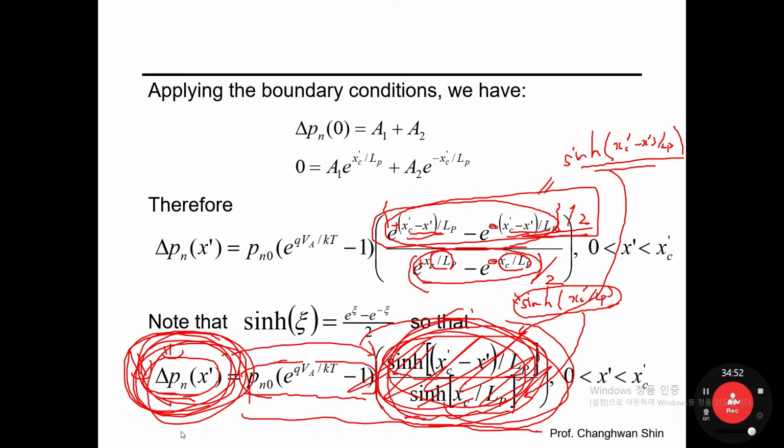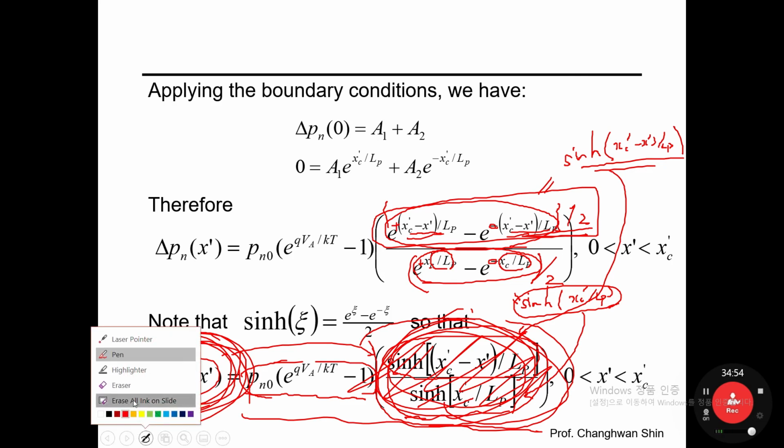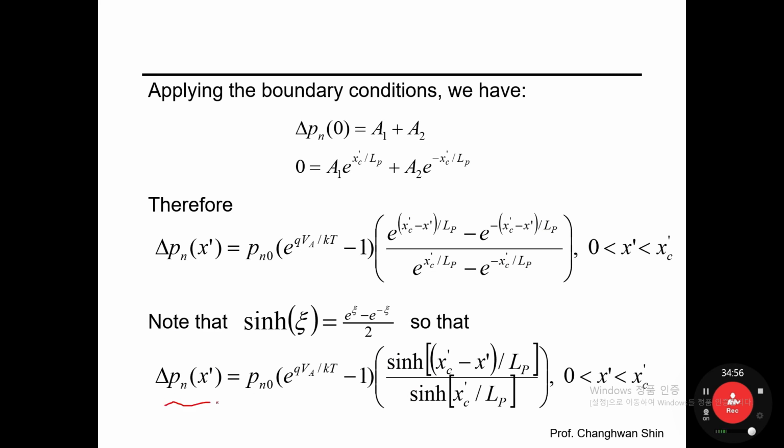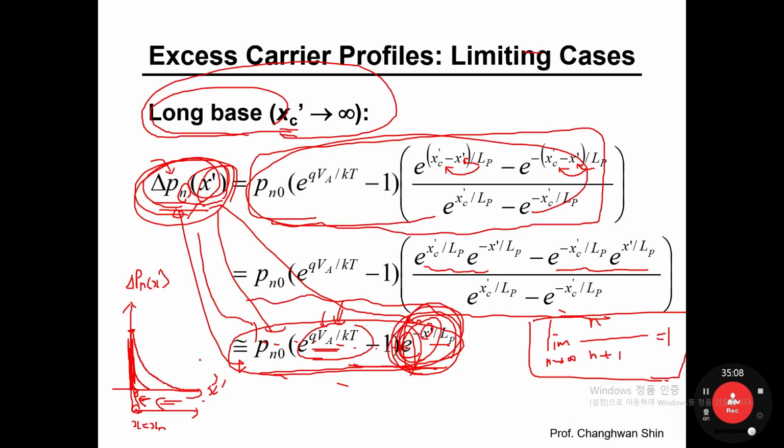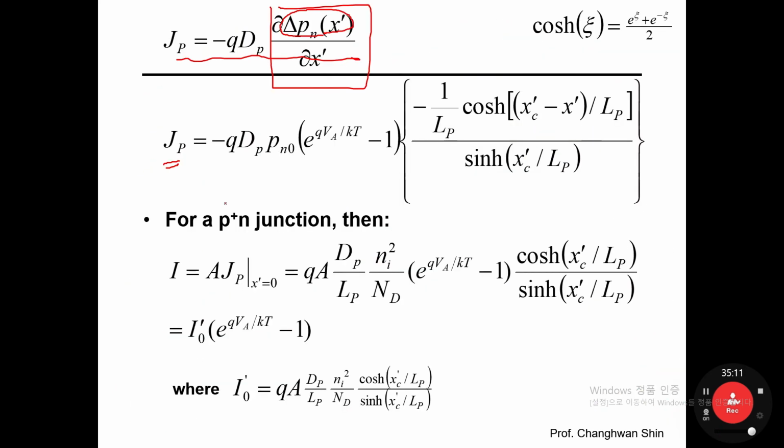So let's remember this whole more general equation for delta p sub n, the excess hole concentration in the n side. Let's bring it in here, plug it in, take the derivative, and multiply by minus q times D p.